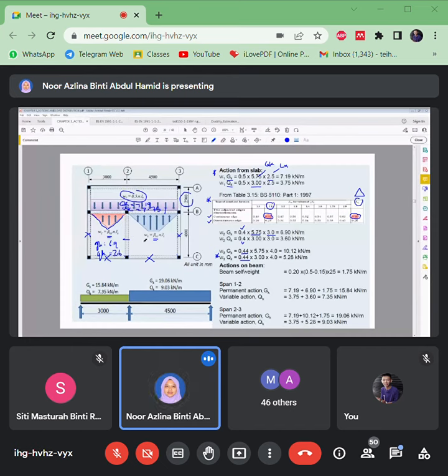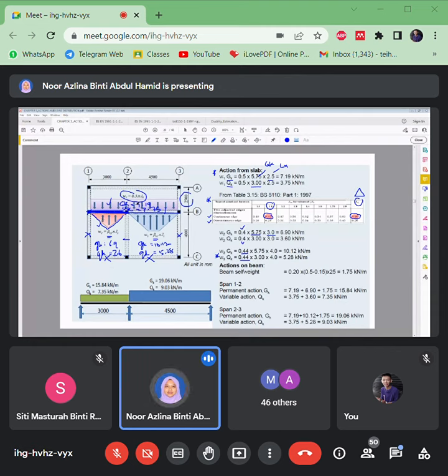Here too, its GK is 10.12 and its QK is 5.28. Okay, consider span 1 to 2 to 3 according to its grid line here. For beam 1 to 2, the load transferred to this beam is from this area and this area.